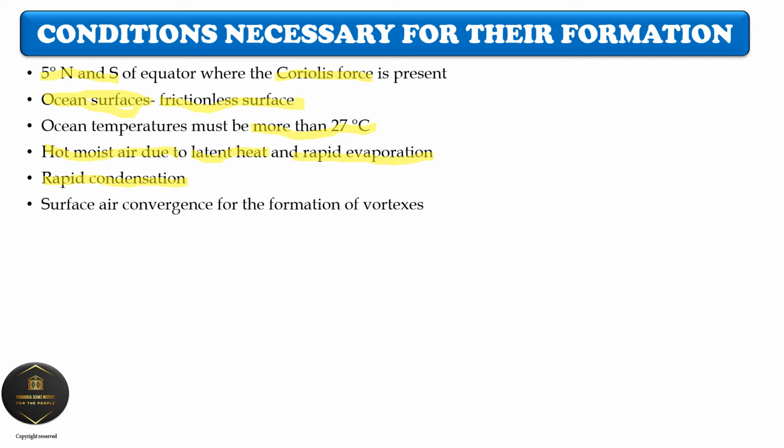Remember, we're looking at systems called tropical cyclones. So we need surface air convergence, and this will lead to the formation of vortexes. So we need to have this happening, our air moving towards a central point, or converging. Remember, in a low pressure, it does that.